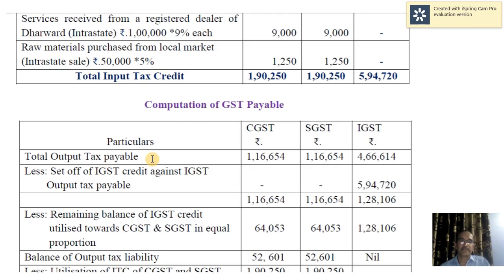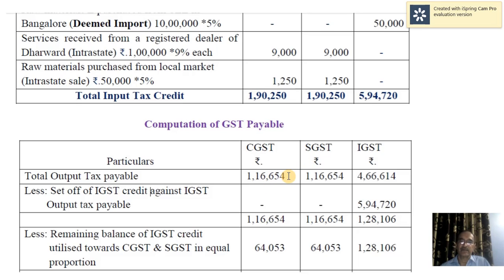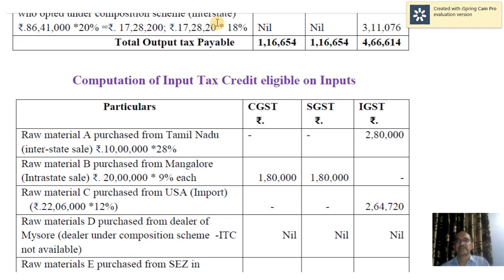See, output tax payable is 1,16,650, 1,16,650, and in the case of IGST 4,66,614. This is what you have calculated. Just see here, these figures are drawn here.